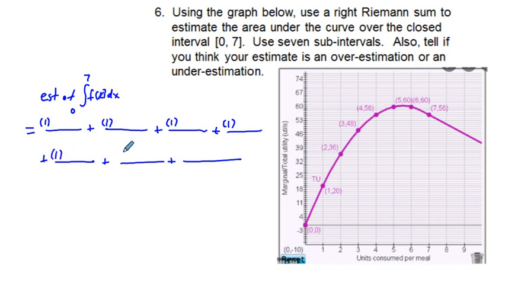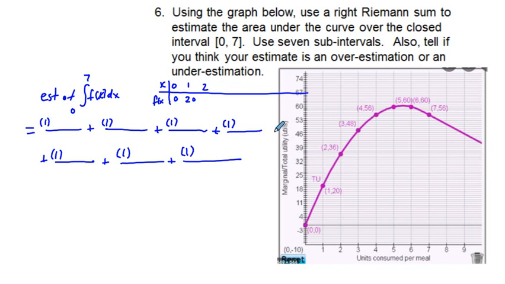One thing that can be done for organization's sake is this can be changed into a table. If we make a table with x and f of x, we can just see what's happening. First of all, 0, 0. The next one is 1, 20.